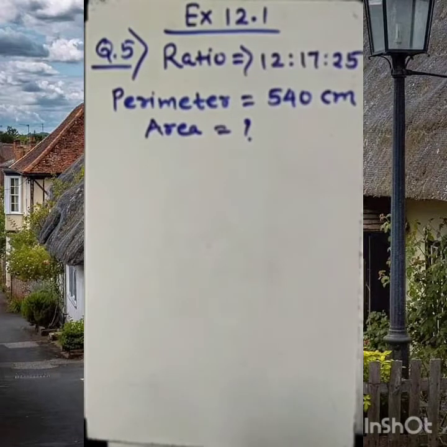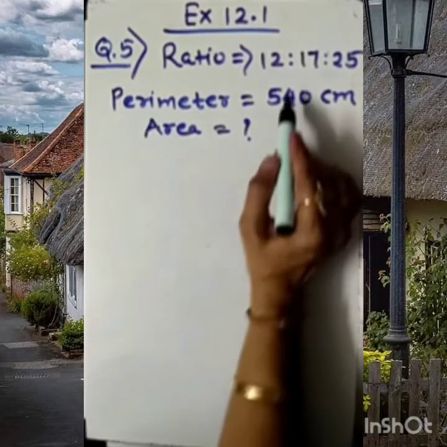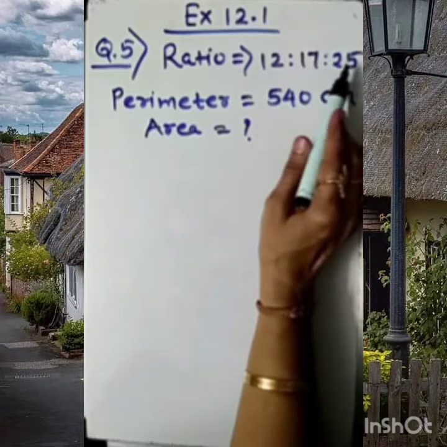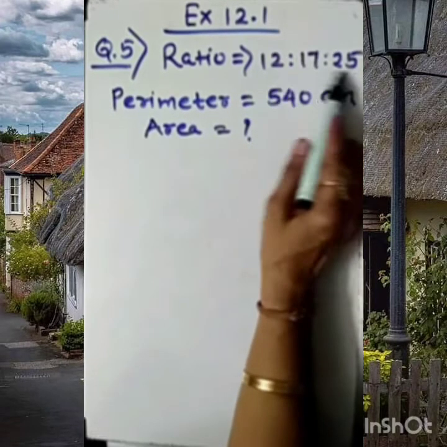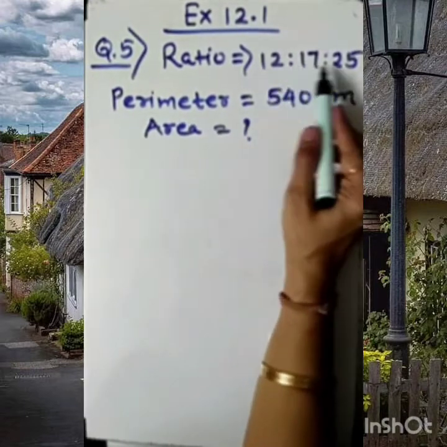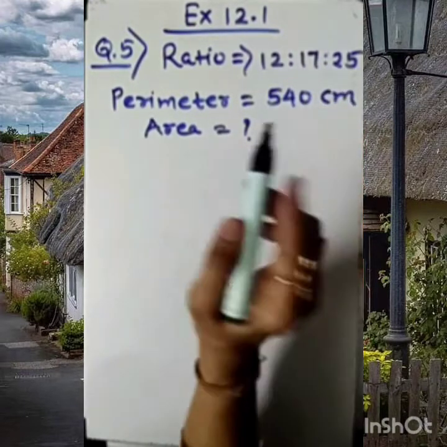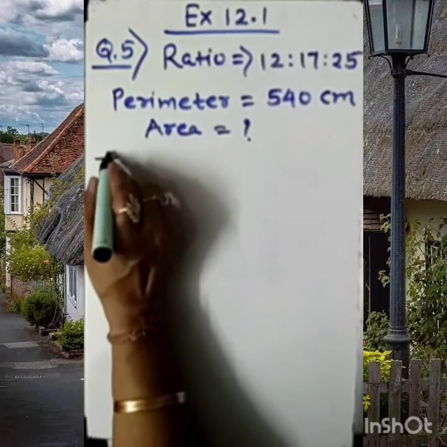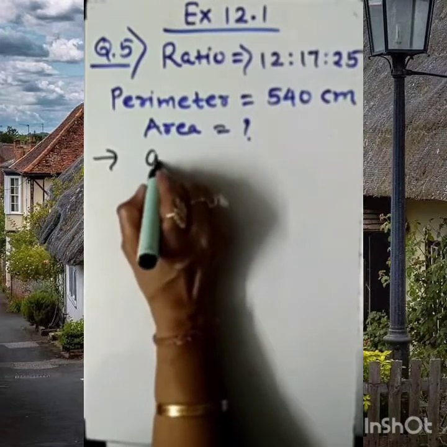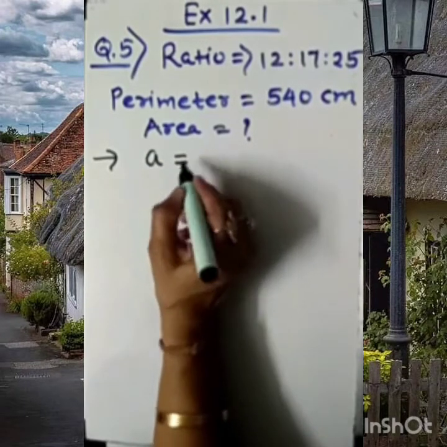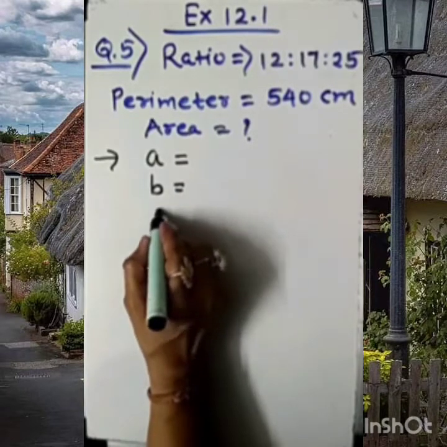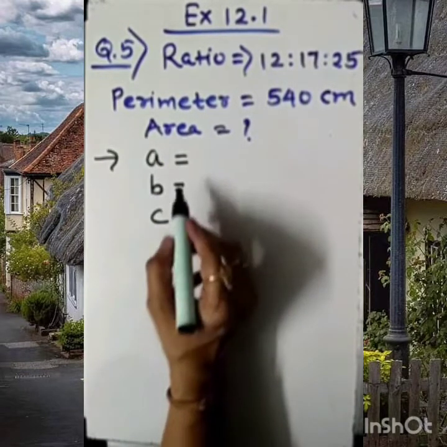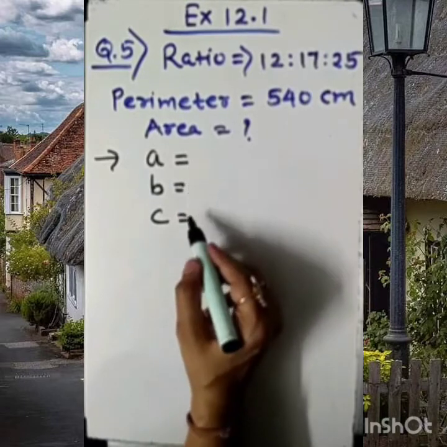Now, first of all, as we are given the sides of a triangle in ratio form, whenever we are given this in ratio form, we know that the sides of a triangle we define by small a, small b, and small c.